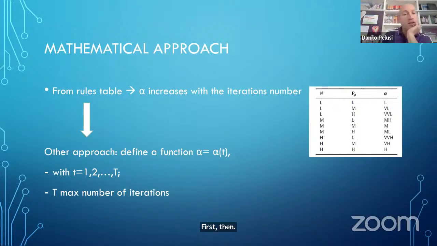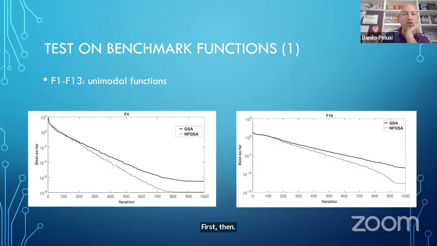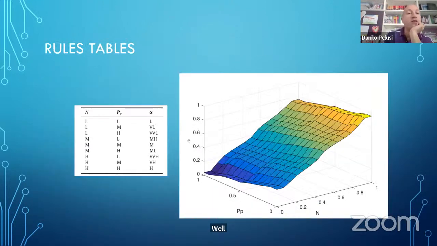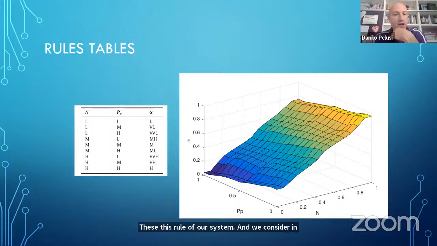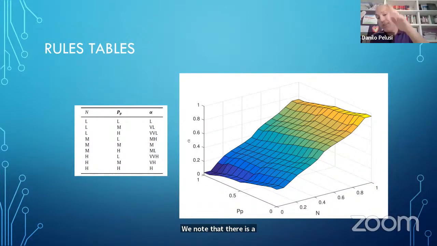Well, but if we consider this rule of our system, and we consider in particular the number of iterations n and just the parameter alpha, we note that there is an increasing trend of alpha with n.